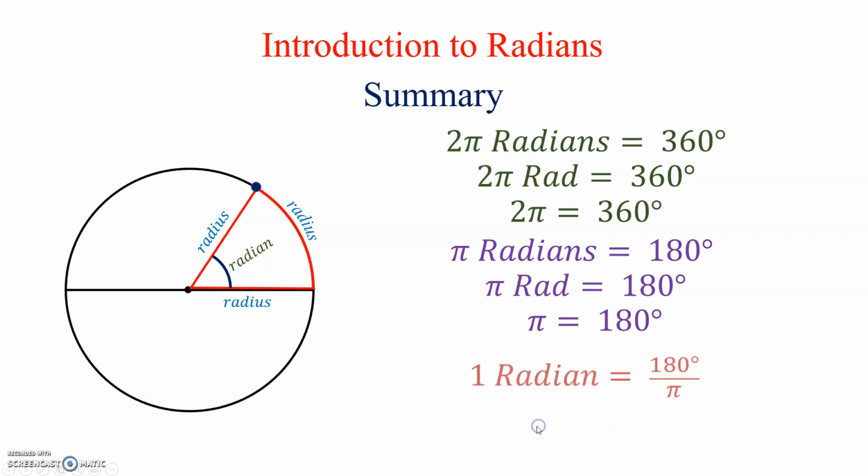And the last bit of information was knowing that 1 radian is actually 180 degrees divided by pi. Again, if we took this 180 here and we split it by 3.14-ish, 3 and a little bit more radii, you'd be left with this opening.